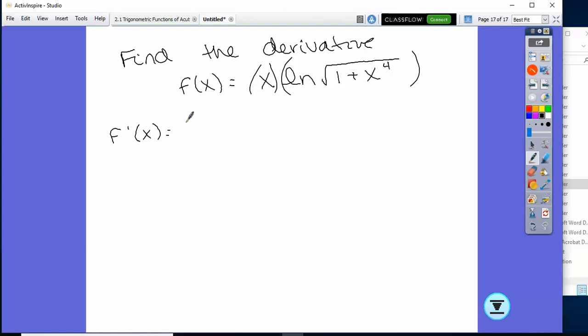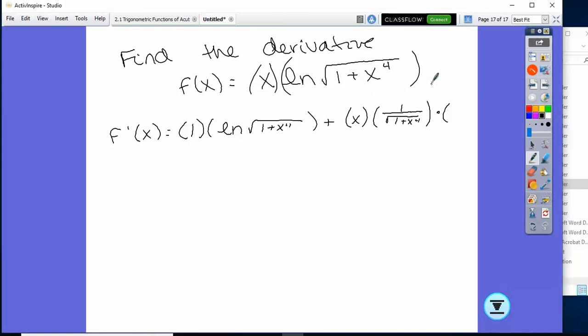So derivative of x is 1 times the second plus the first times the derivative of the second. So derivative of a log is 1 over the argument times derivative of the inside. Derivative of the square root of 1 plus x to the 4th.